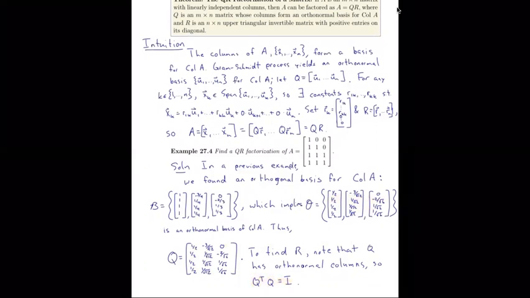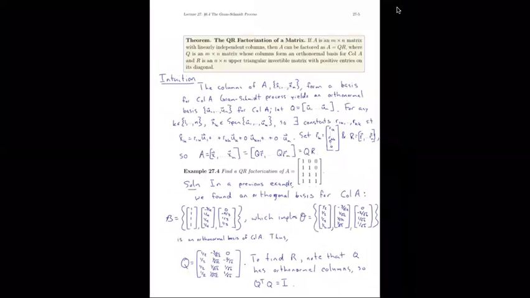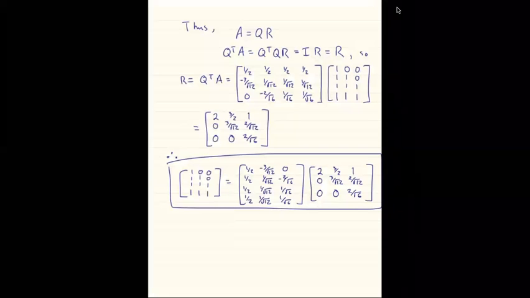Now, remember, A equals QR is what we want R to satisfy. We want R to be a matrix that satisfies this. We know A and we know Q, and we know that Q has this property. So let's use that. With A equals QR, multiplying Q transpose on both sides looks like this.